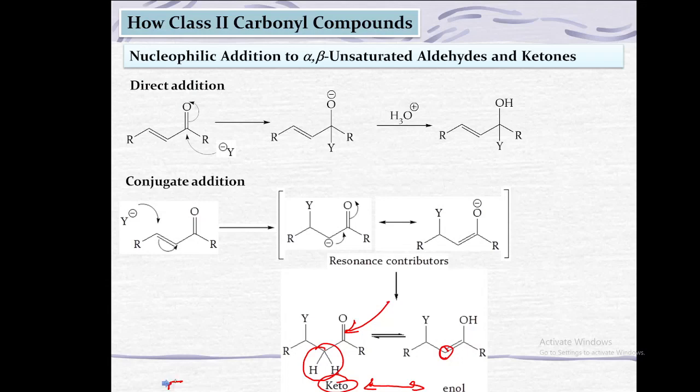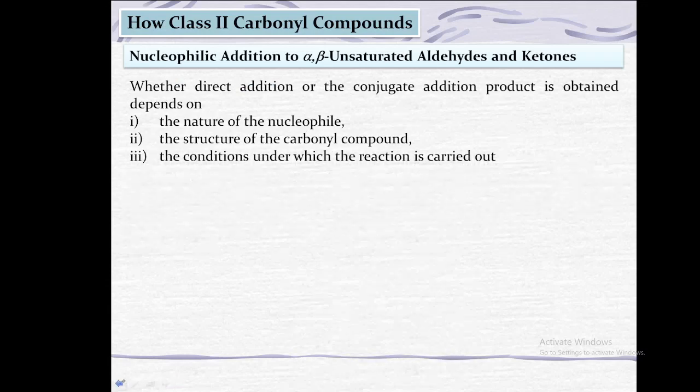Now, whether direct or conjugate, it depends on certain factors. Either direct or conjugate addition on an alpha, beta unsaturated aldehyde depends on three factors. One, which we're going to be discussing, is the nature of the nucleophile.